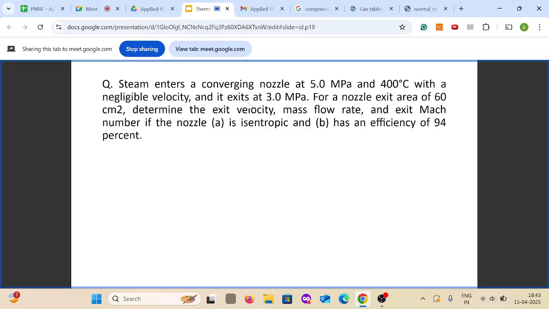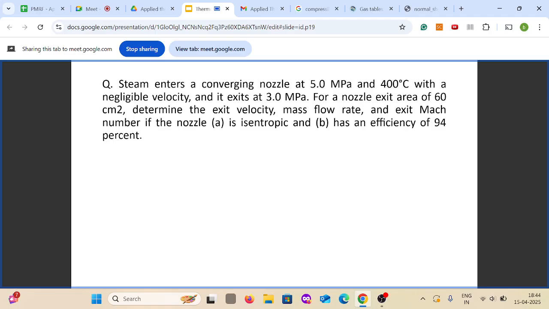The next question is, steam enters a converging nozzle at 5 megapascal and 400 degrees Celsius with a negligible velocity, and it exits at 3 megapascal. So we have a converging nozzle, the inlet to the nozzle is at 5 megapascal and 400 degrees Celsius, and the exit is at 3 megapascal.